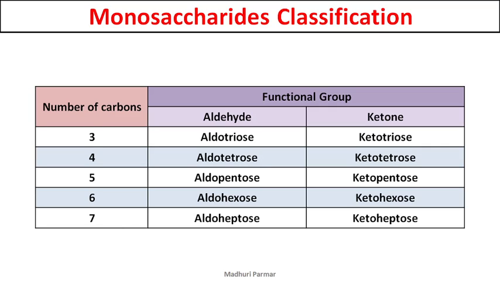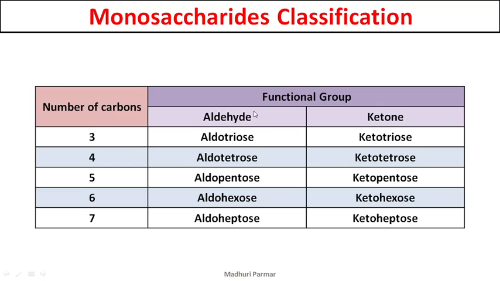Now, how do you classify these monosaccharides? You classify them on the basis of number of carbons. It could be 3, 4, 5, 6, 7. And you classify them on the basis of the functional group. The functional group can either be aldehyde or ketone.